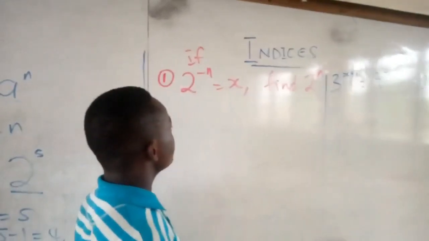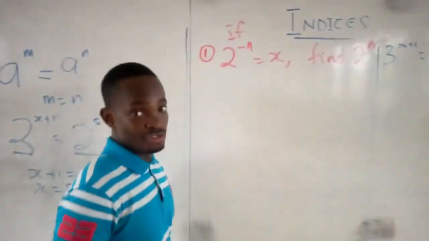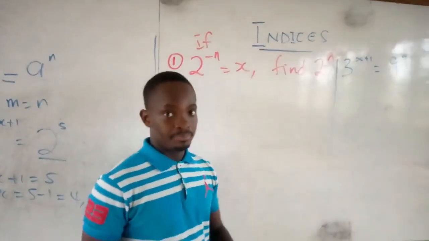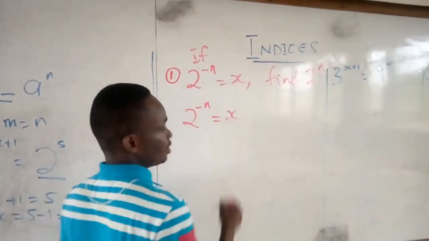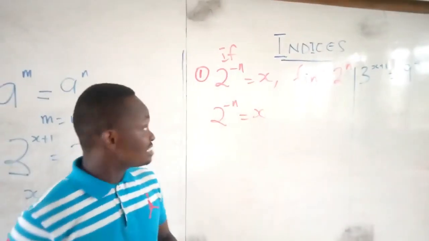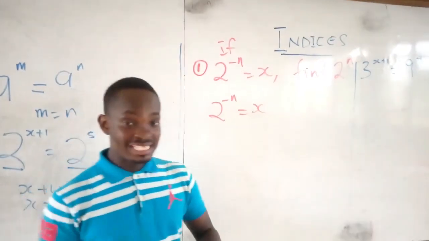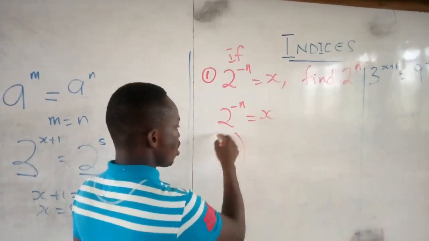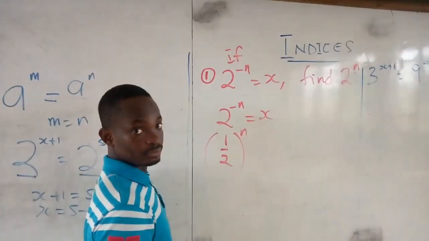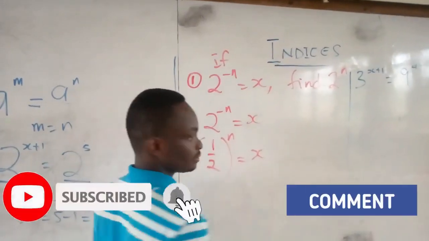Now we have 2 to the power negative n equals x. You have to find 2 power n. So we have 2 to the power negative n equals x. And I said in my law that if we see the negative, reciprocate the base. So this becomes 1 over 2 all power n, which is equal to x.